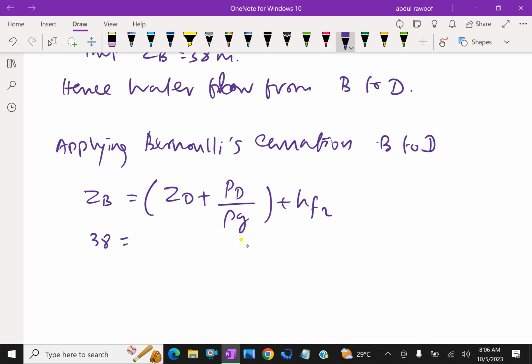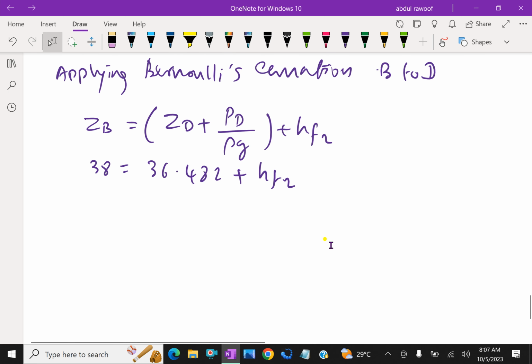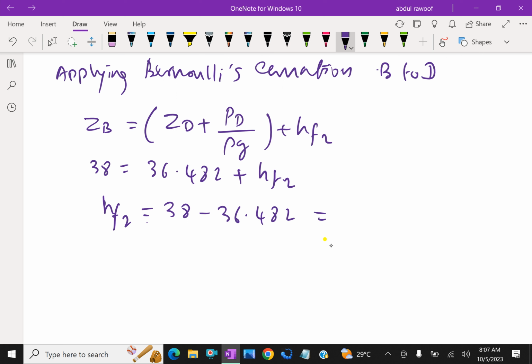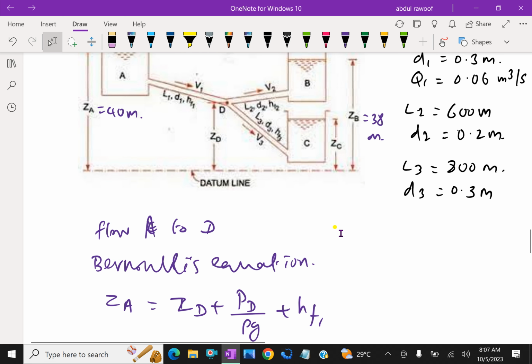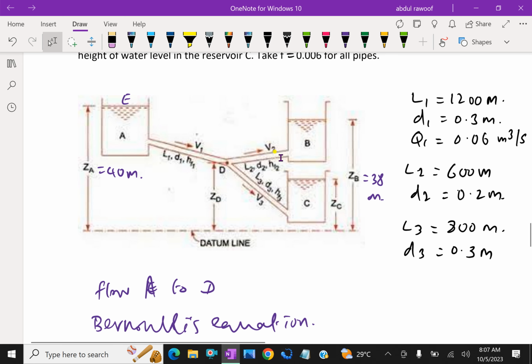So 38 equals 36.482 plus HF2. From this we can calculate HF2: 38 minus 36.482 gives 1.518 meter is HF2. That means the loss in this line is this much, HF2.